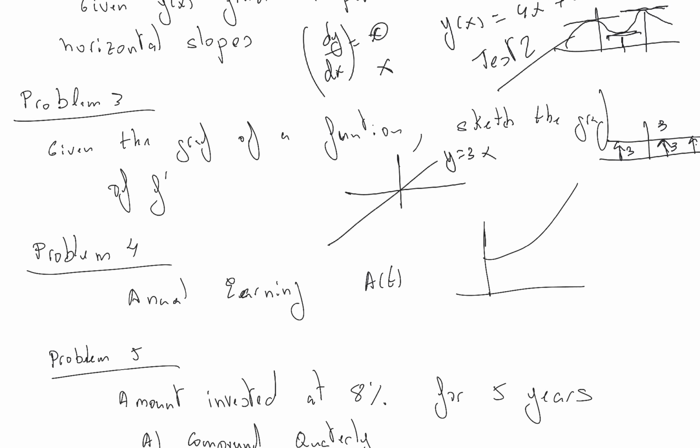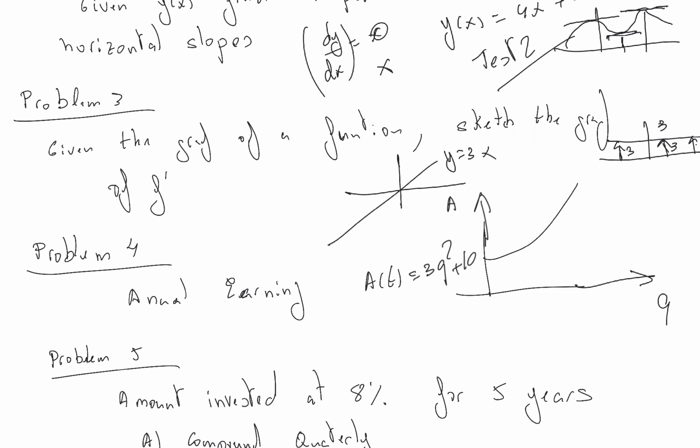On problem 4 you will find a function that is normally a polynomial function, let's say 3q squared, where q is the quantity and this is the annual earning, 3q squared plus 10.